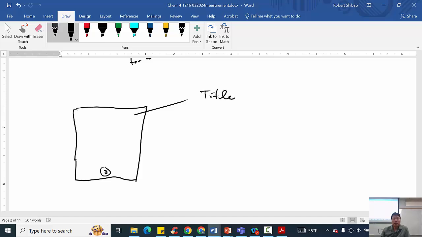We start off with a title and then like a short objective, or description. And then what I like to do is I like to divide this page into two things. Over here, I like to write out the procedure.